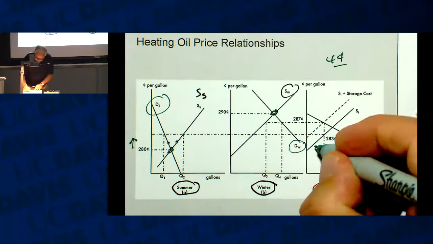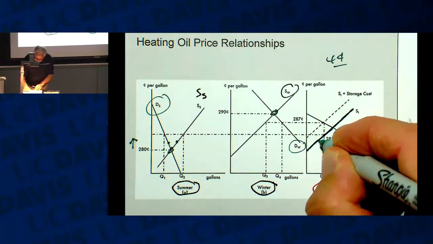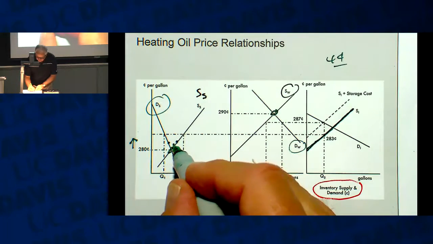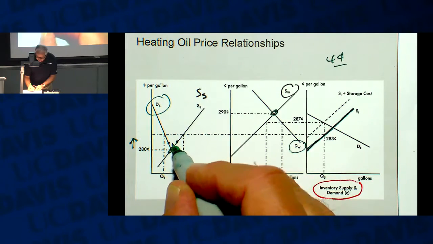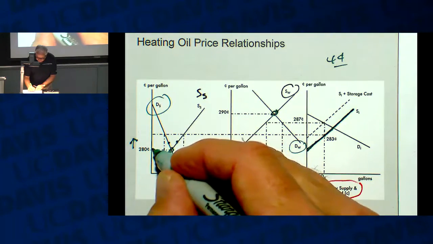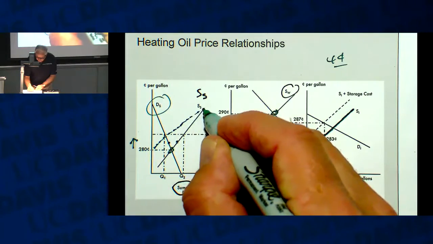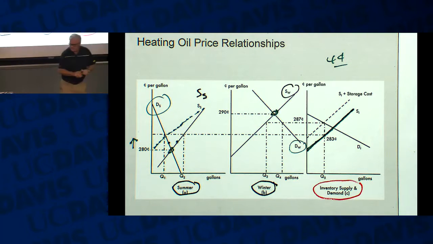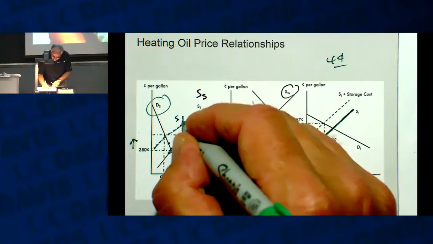We can draw the supply of inventory as being the horizontal distance between this supply and demand curve. So in other words, that supply curve is going to look something like that if I draw it over here. That's the supply of inventory, the same as SI.